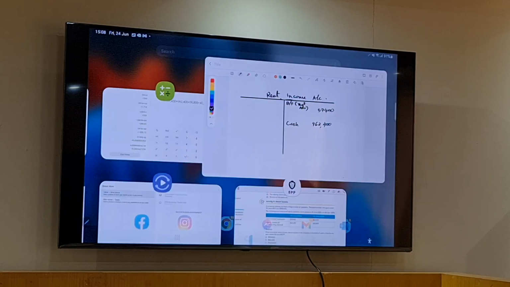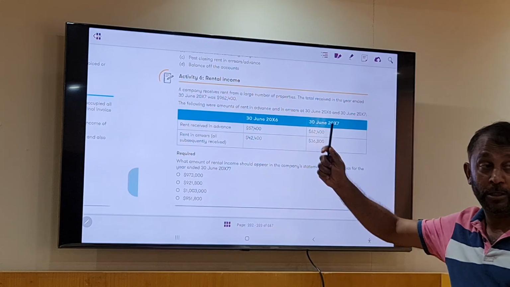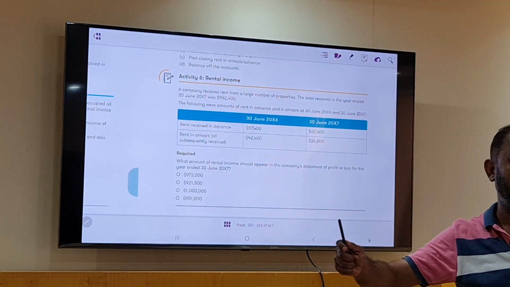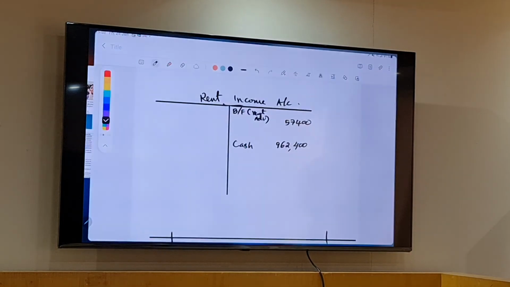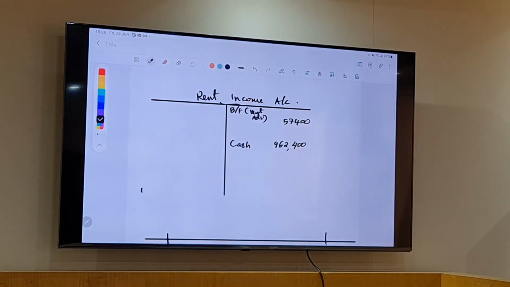Now the same rent in advance on this date, how much? 62,400. So is this opening balance or closing balance? Closing balance, so where should I write? Credit side, on this side. So balance carried forward, rent in advance, 62,400.